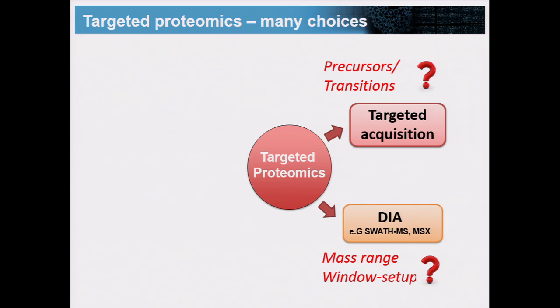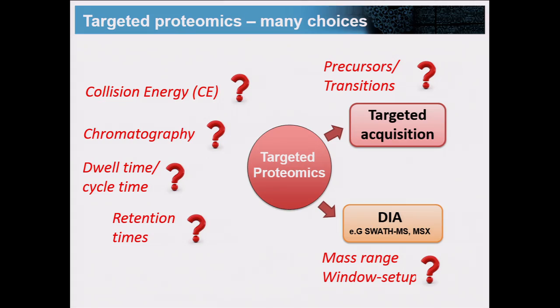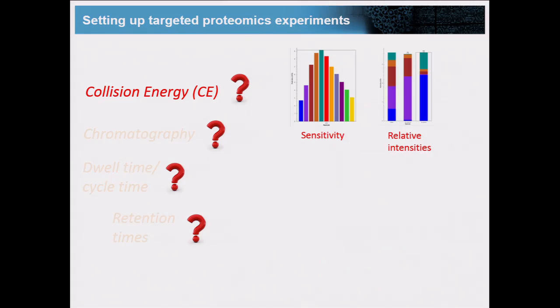We'll hear a lot more about these choices down the road in this course. And this, as I said, entails many other parameters that we need to think about when we want to set up our experiment. We first discussed collision energy as one of those parameters which are obligatory to provide when we do at least SRM.